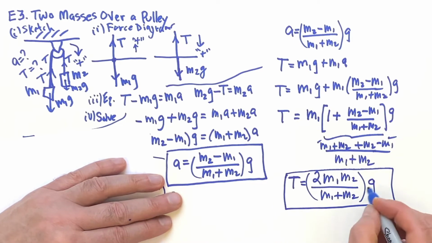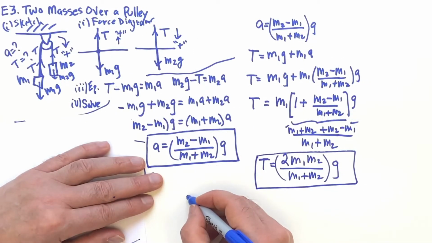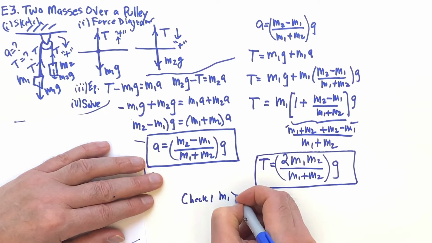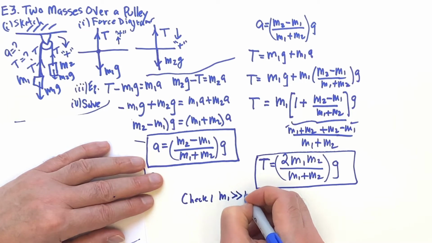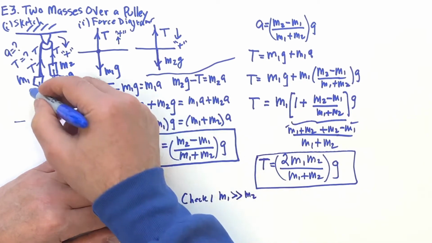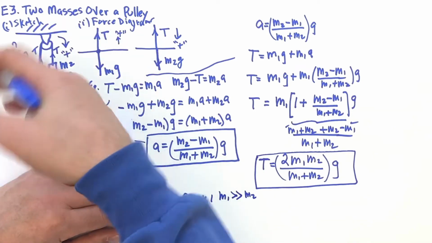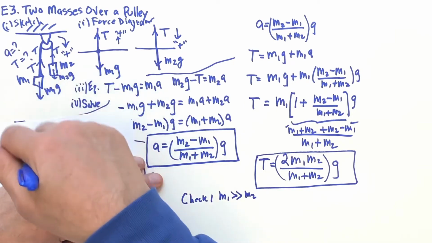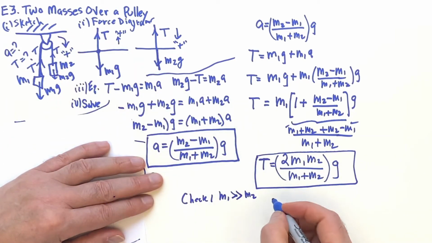So we can check here if we take the limit, check one, let's say m1 is very, very large compared to m2. Then you're going to have negative acceleration. M1's going to fall freely. It's going to be negative g, the way I set up that plus.